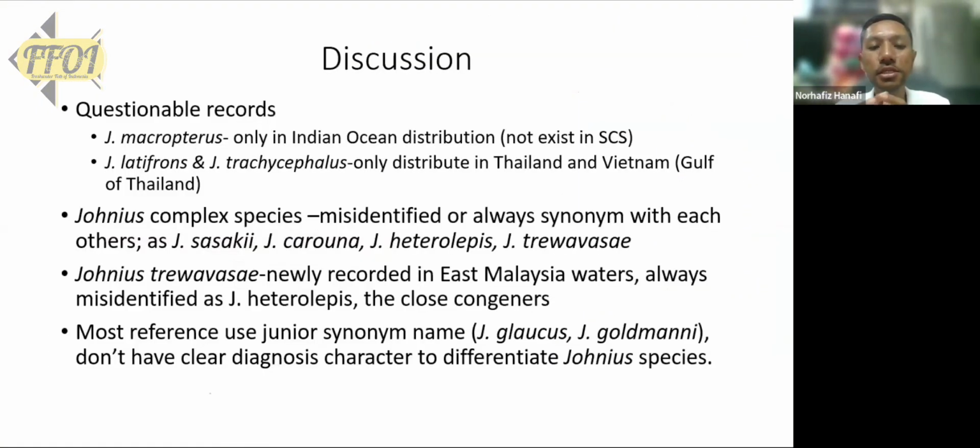So for the discussion here, when I did this study, I found several questionable records, like Macropterus latifron, and I found complex species like Sasaki, Karuna, Heterolepis, Rewawase. For example, Rewawase was quite abundant in Taiwan before this, but it is quite rare.